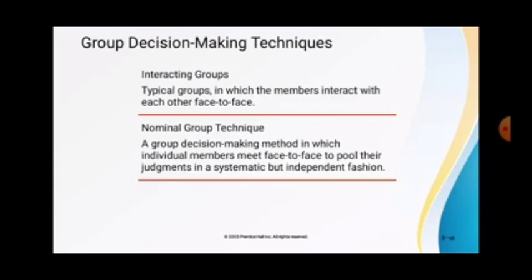Kasi, tuwing nagkakaroon kami ng groupings, siyempre face-to-face yun, nagkakaroon din ng bonding sa isa't isa. At habang nagkakaroon ng bonding sa isa't isa, nagkakaroon kami ng interactions na magdadala sa amin para maging close ang isa't isa at maging malapit.